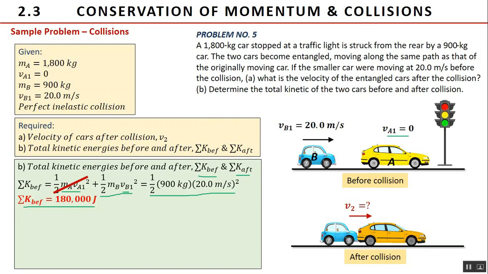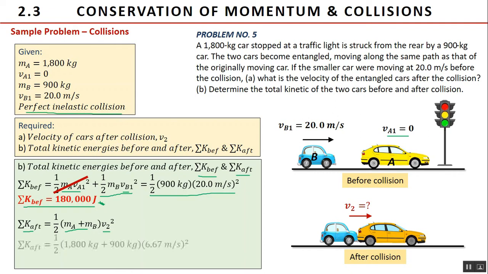For the kinetic energy after collision, we should expect a lower value than 180,000 joules. Since the type of collision is perfectly inelastic, we have learned earlier that the kinetic energy is not conserved. Again, we use the same formula, 1/2 mv squared, that is 1/2 of the total masses of cars A and B, multiplied by the final velocity, v sub 2.